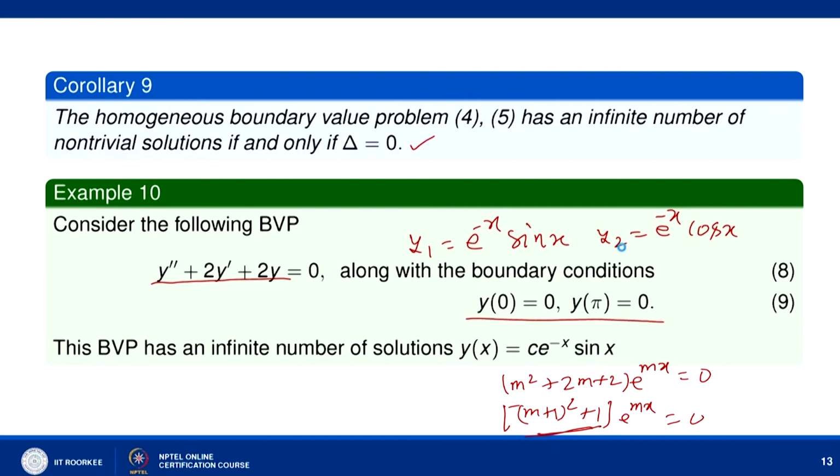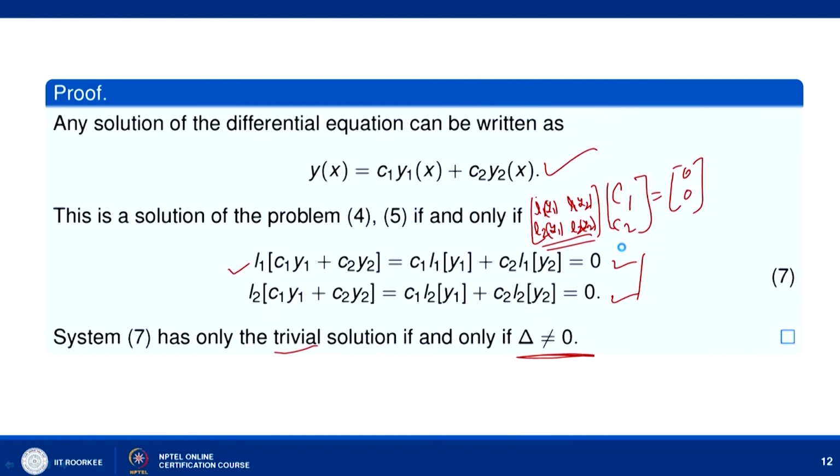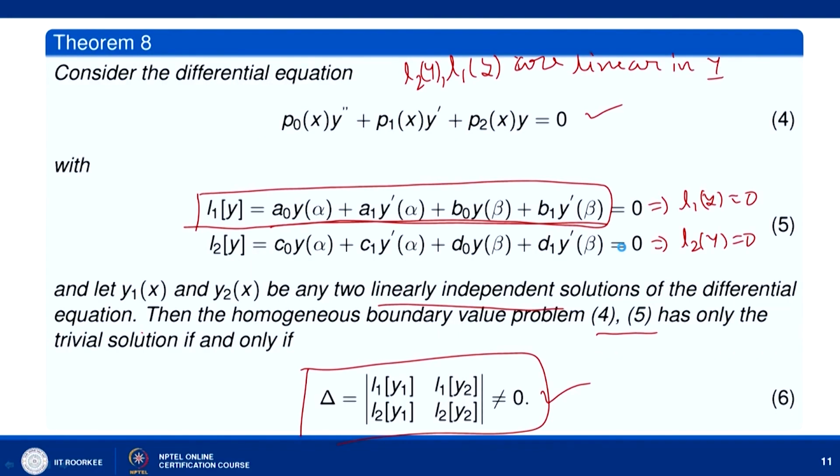But if you look here, I just want to go back again, because this delta is depending on the boundary condition basically. Here you take y1 and y2 as any two linearly independent solutions, but this delta depends on the boundary condition rather than a specific solution of this boundary value problem.